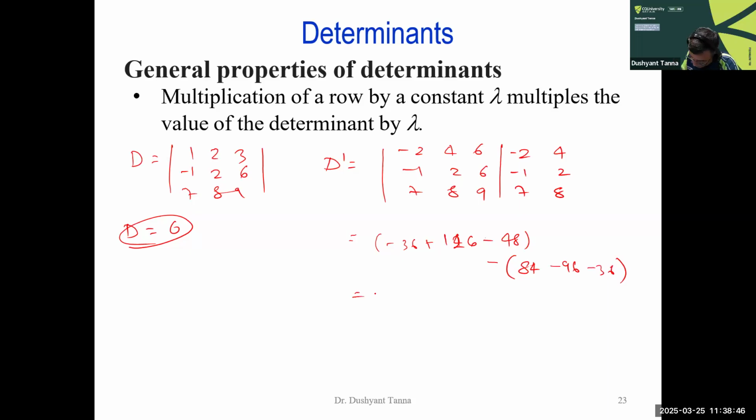Okay, so what we got? 126 minus 36. Can we say it 90? 90 minus 48, that's 42, minus, what we got? Minus 12, minus 36, minus 48. Did I do it right?